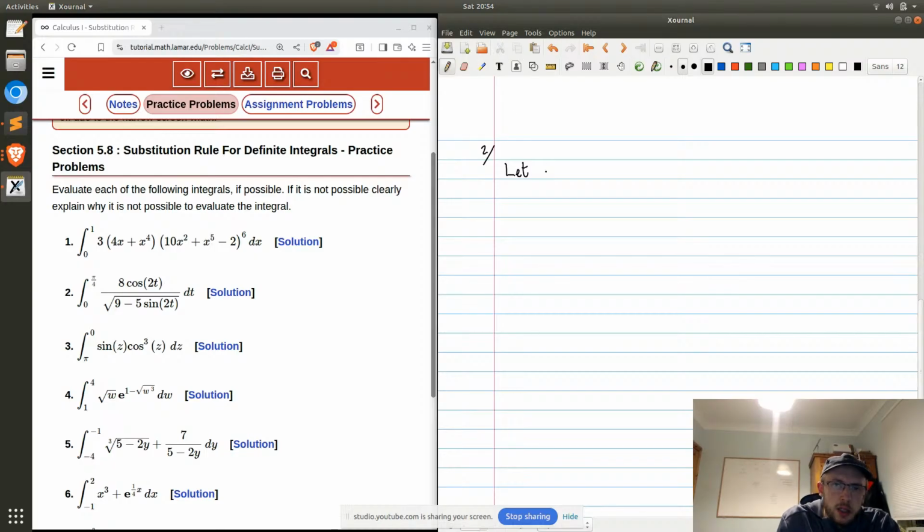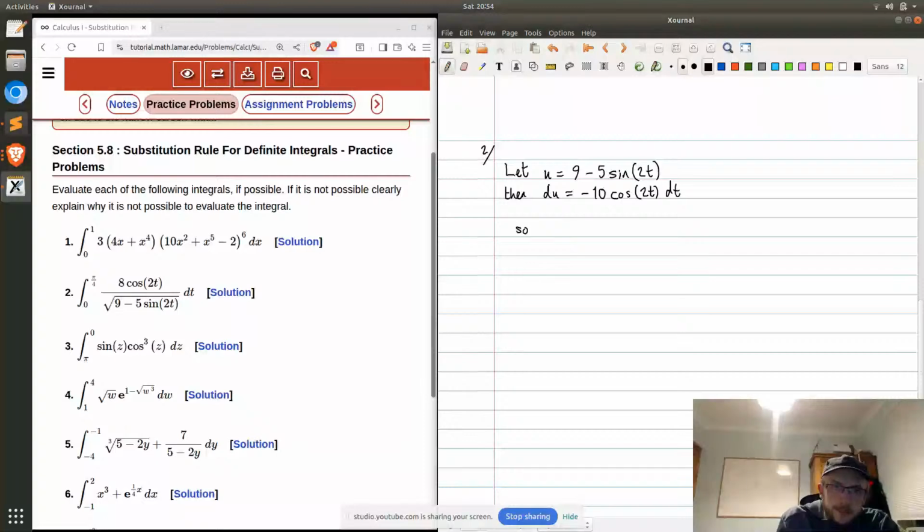Well, I'll let u equal 9 minus 5 sine of 2t. Then du equals minus 10 cosine of 2t dt.